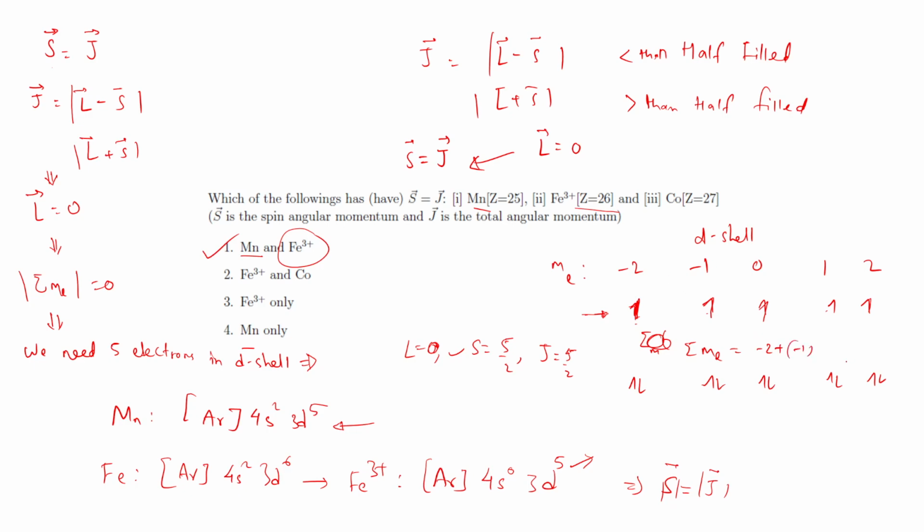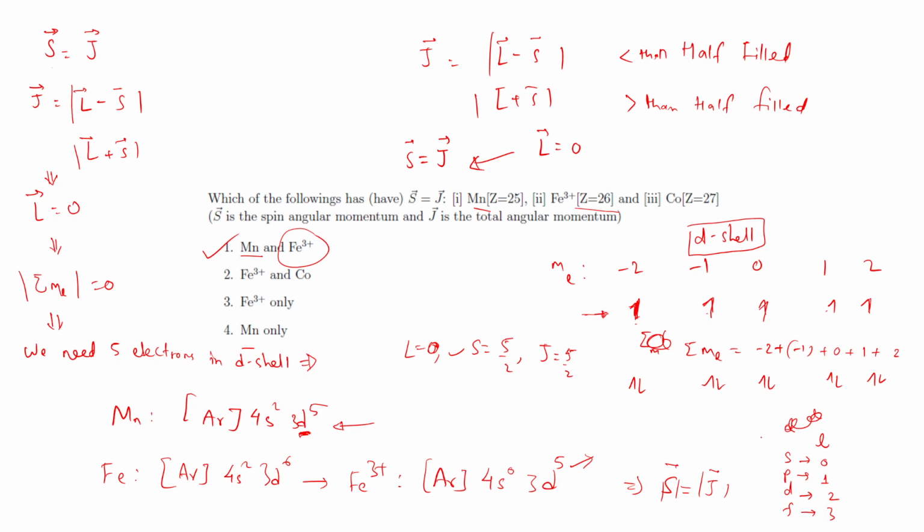But how do we know that it will be only minus 2 to plus 2? It is in the D shell, right? Yes, sir. So we know that the D shell has a particular value of L. For S, L equal to 0, for P, L is equal to 1, for D, L equal to 2, for F, L equal to 3.